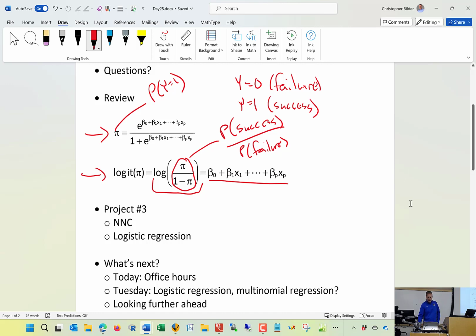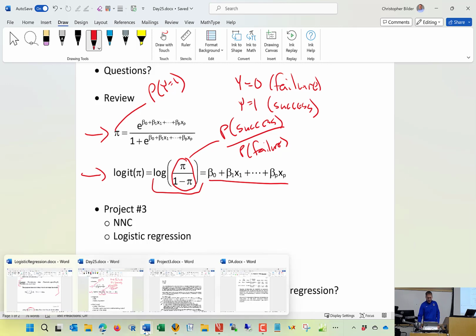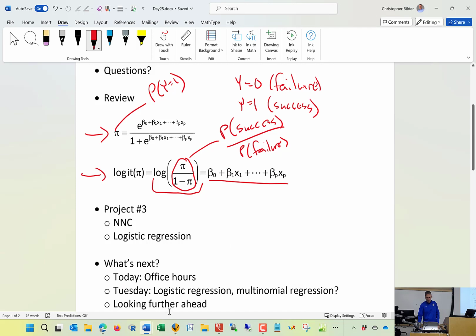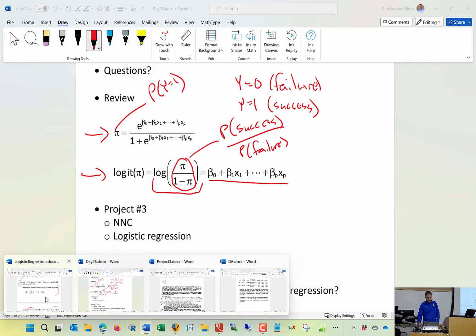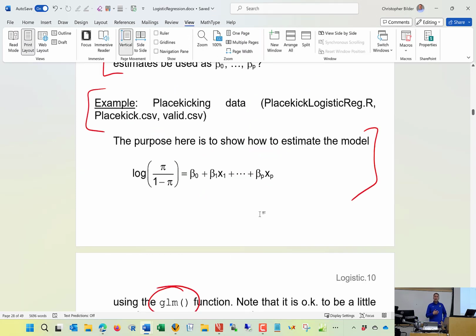Okay. So we left off just starting to talk about the place kicking data example. Our ultimate goal will be to try to predict, should this be a success? Should this be a failure? Right now we're trying to get just enough background on logistic regression so that we can eventually get to that later today.